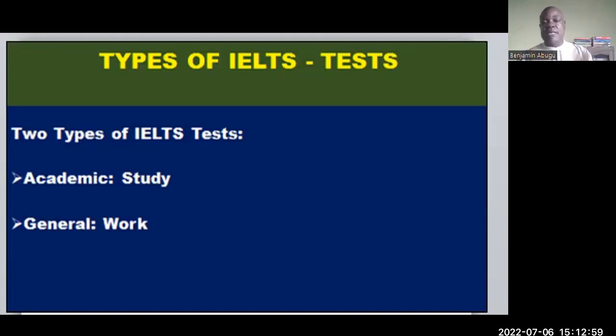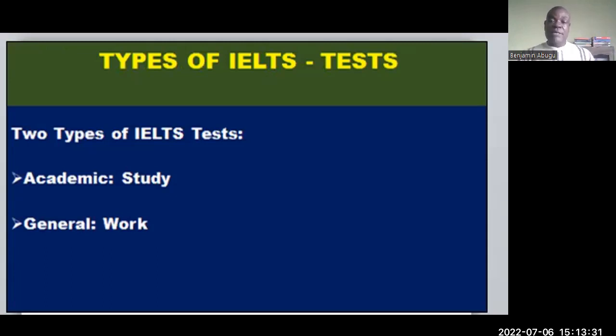Now, take note that if you want to go and study abroad, but you take the General IELTS test instead of the Academic, which is meant for those who want to go and study, the university you are applying to will not, and I repeat, will not accept it, even if you get the highest score, because the General IELTS test is not valid for those who are going to study abroad.